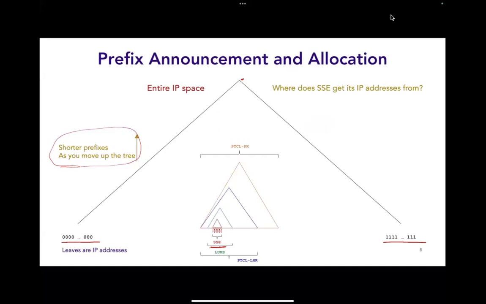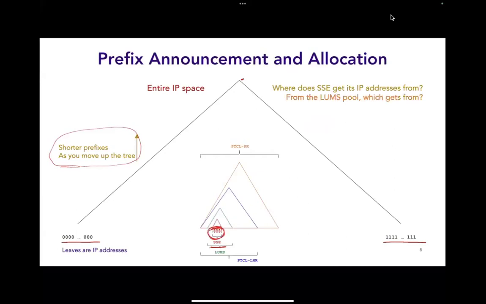So where will the SSE get its IP addresses from? SSE will get its IP addresses from a DHCP server, and that DHCP server will know that it has to allocate the IP addresses to the SSE hosts within this particular range.